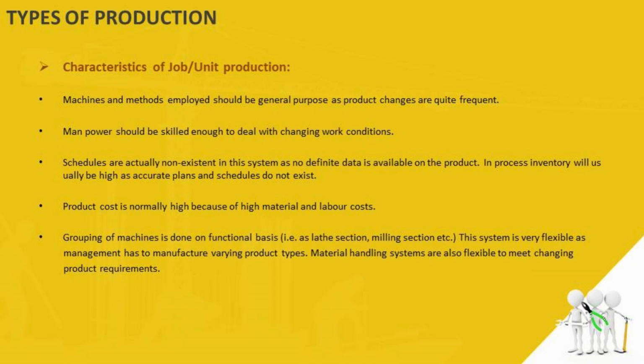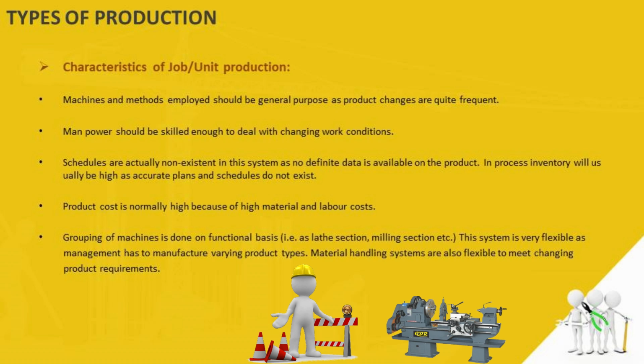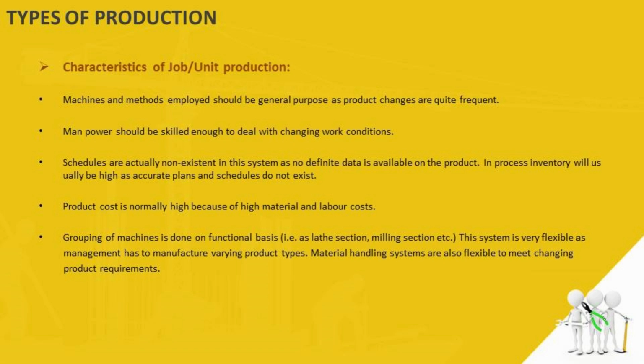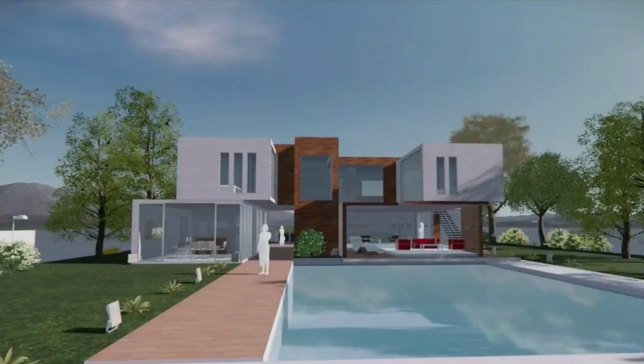In this type of production system, machines and methods are employed for a general purpose because the product changes are quite frequent. Customers can use some different kind of specification. Let's say, for example, you are in the construction industry. You are making 3D plans, let's make it software based. You are making a 3D plan using software, let's say Revit Architecture.